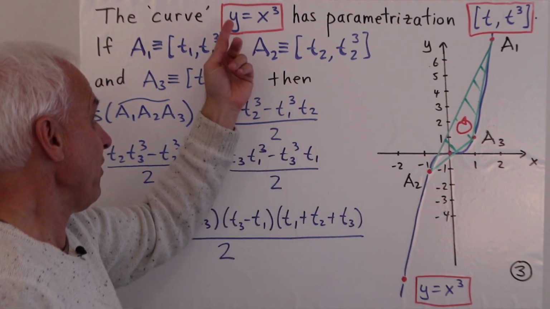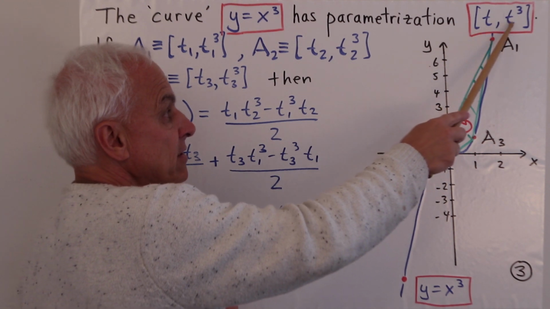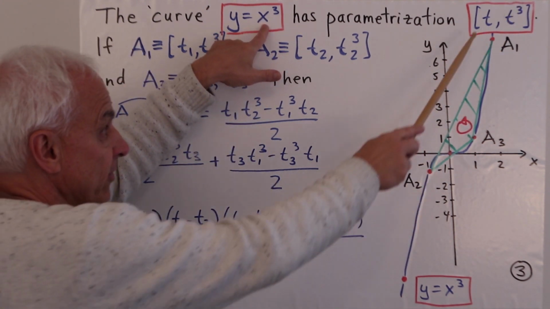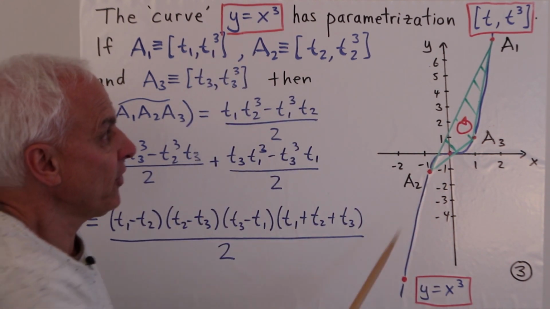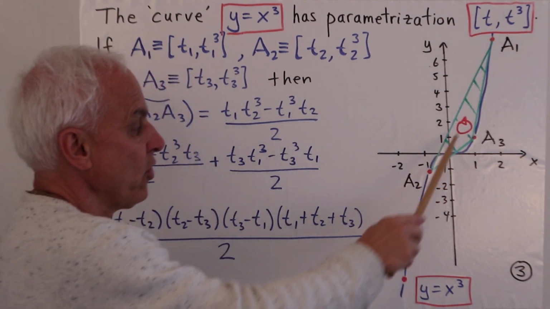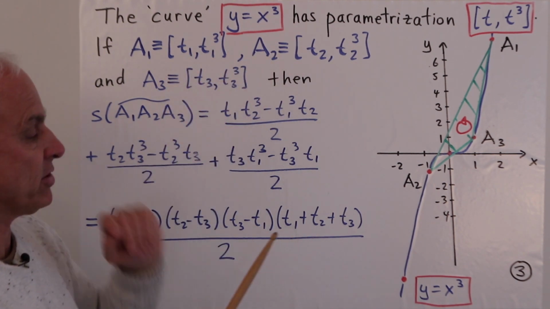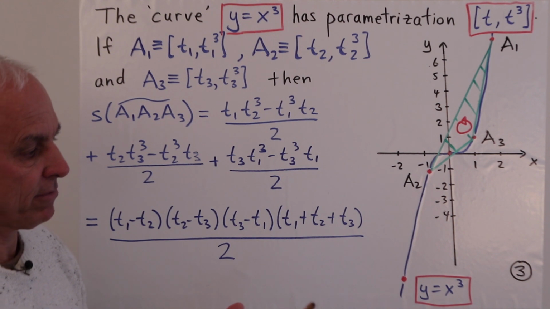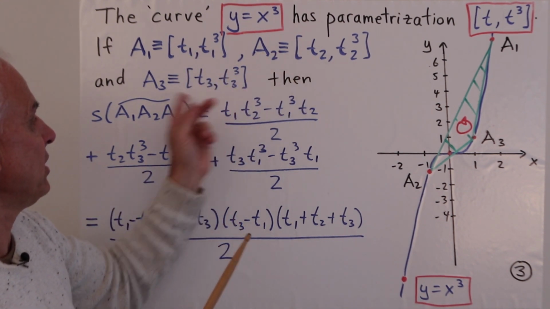And conversely, if you have a point that satisfies this equation, then whatever x is, namely t, then y has to be the cube of it. So this is a parametrization of the curve, and using that parametrization, we can express 3 arbitrary points on the curve in terms of the unknown values t1, t2, and t3.